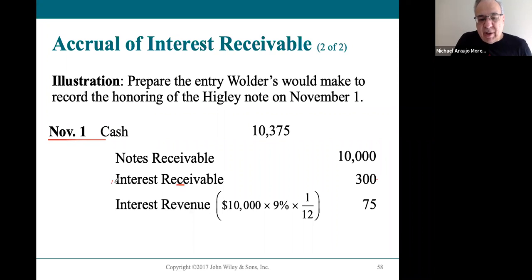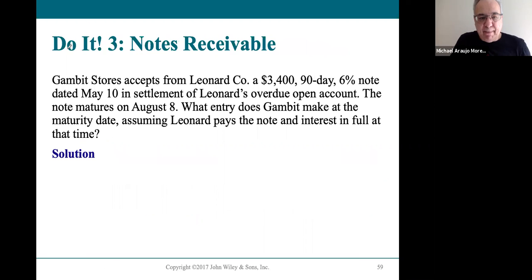So we're going to credit the receivable by $300 to show we received that interest. And then the $75 is interest that they earned this fiscal year. And so it's going to be revenue for this fiscal year, interest revenue. So it's just simply breaking it up.